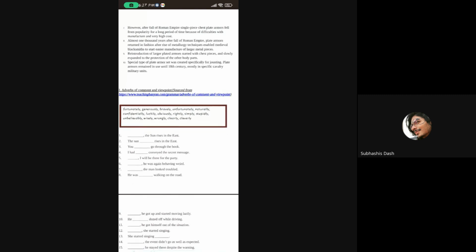Anything else in that line? No, ma'am. Okay, how about after? Is after an adverb, ma'am? That is a question I am asking you. You tell me if it's an adverb or not. I told you about words that can be used both as adverbs and as other parts of speech.